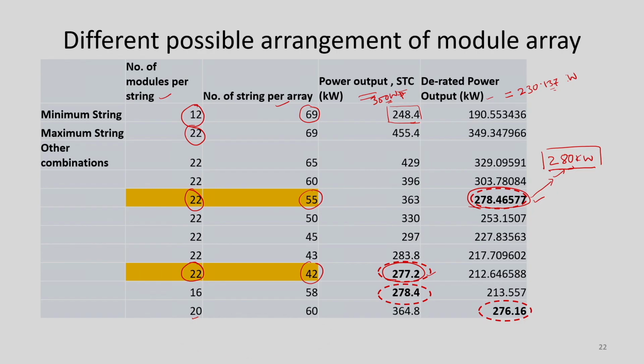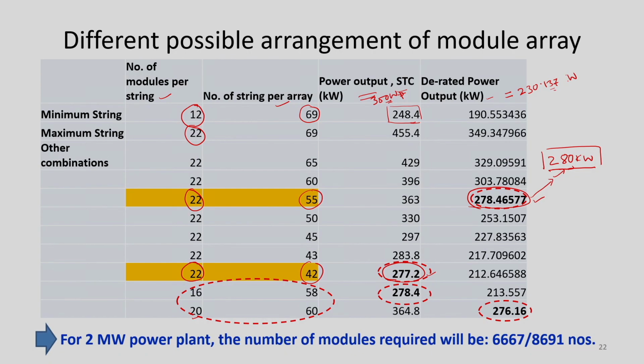And if we consider these two cases, for a 2 megawatt power plant, the number of modules required will be about 6667 for the first case, and for the second case we will have 8691 modules. So, how will we get it?